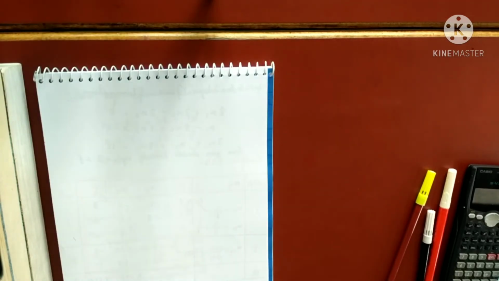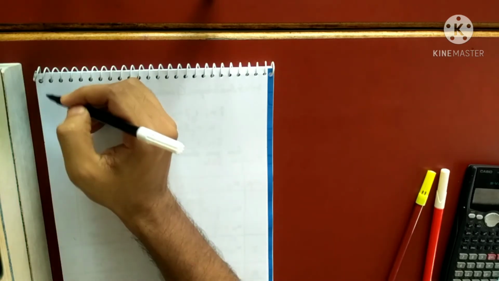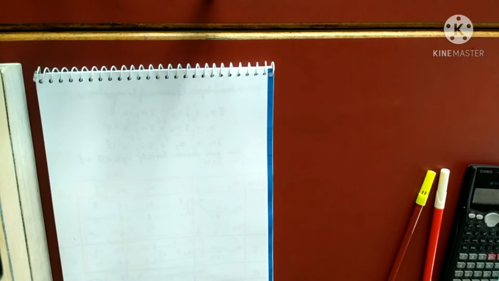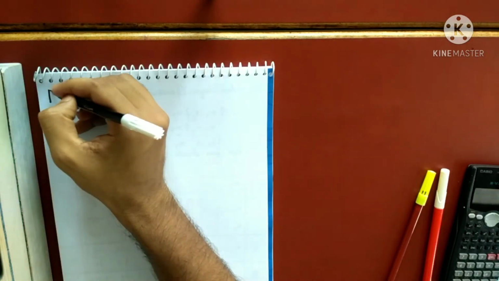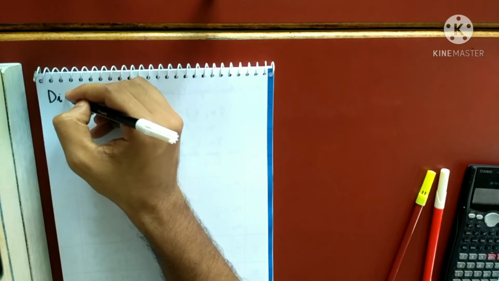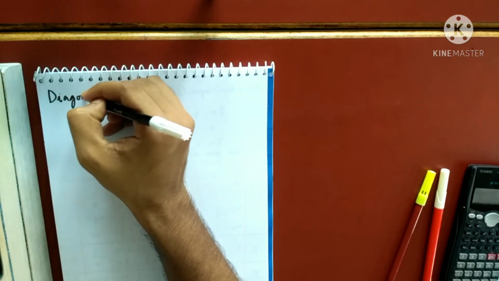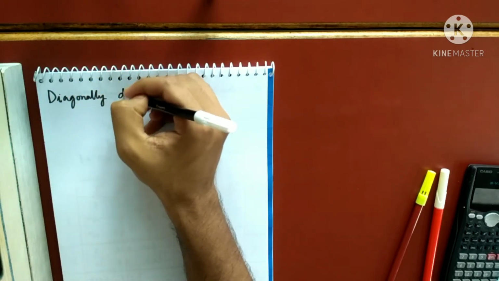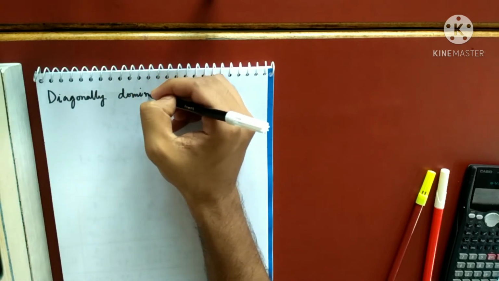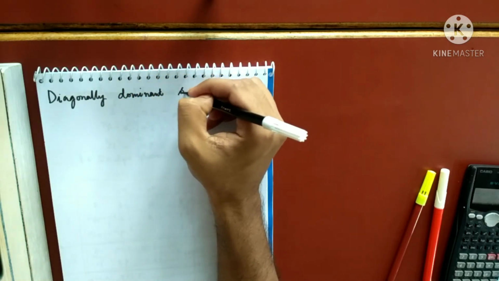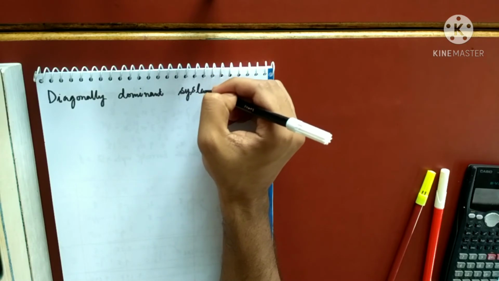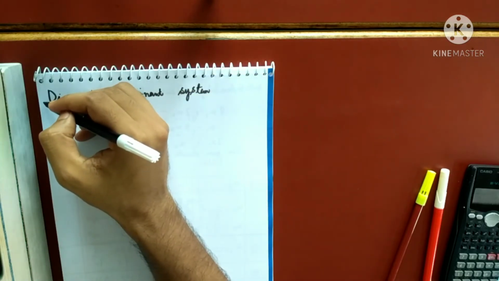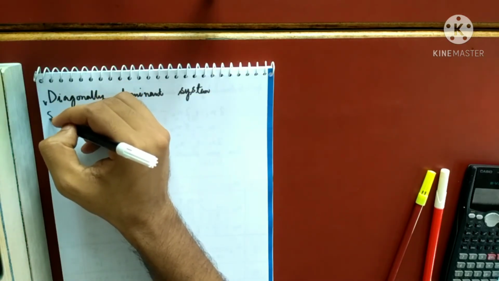So now we start with something called the Gauss-Jordan iteration method. Okay, I will not write the name for the time being. First I should teach you what I mean by a diagonally dominant system, or more precisely, a strictly diagonally dominant system.